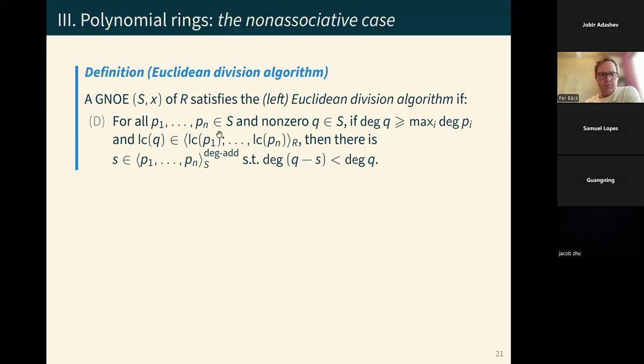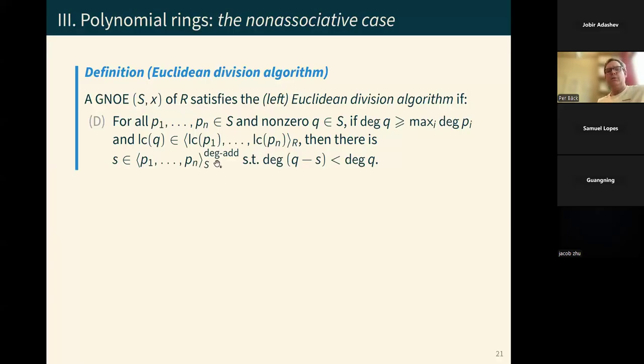For all elements in this ring and all non-zero Q, if this Q has larger degree than all of these P's, and the leading coefficient of this Q lives in the right R-module generated by the leading coefficients of these P1 to Pn, then I should be able to find some S in the right ideal generated by P1 to Pn.